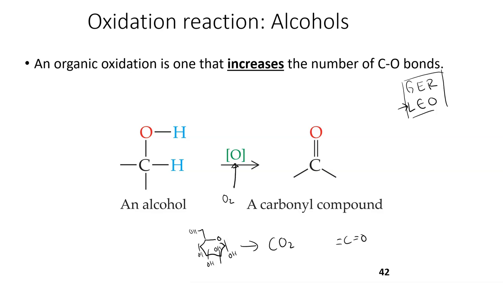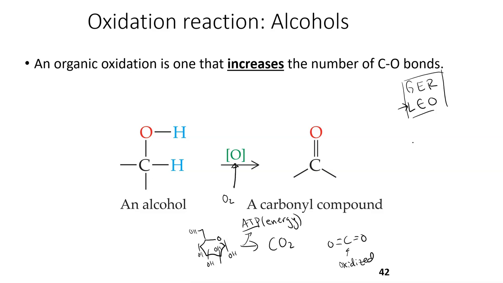Carbon dioxide is a very oxidized state of carbon. Throughout this process, through biochemical means, we're going to generate ATP, or energy. And so that is a way that we can pull energy out of the system. We're going to talk about that in a little bit.